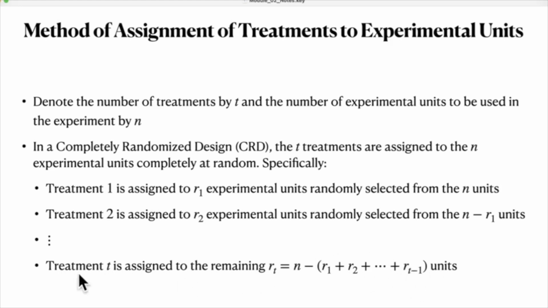The treatment T gets assigned to the remaining units. All right, so that is the mechanism. It's the method of assignment of treatments to experimental units for a completely randomized design.